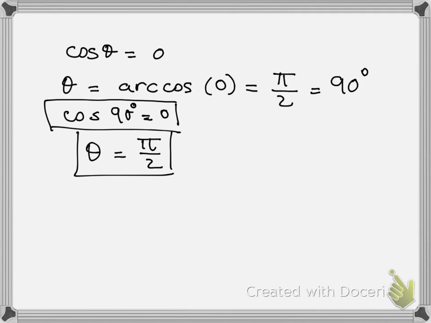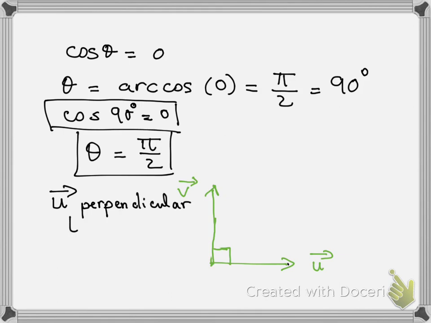So then U is perpendicular to V. So here's vector U, here is my vector V, and U is perpendicular to V. Or we can use this notation here for perpendicular. So this is for perpendicular.